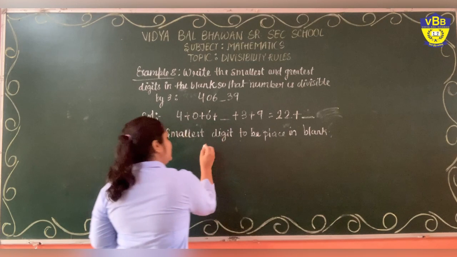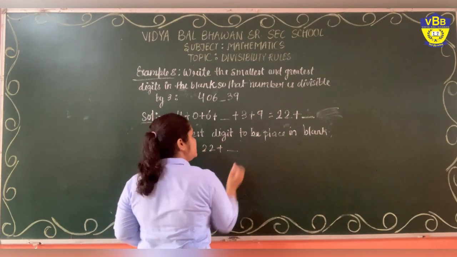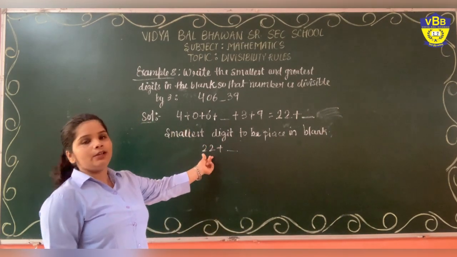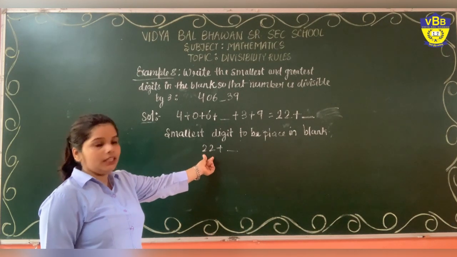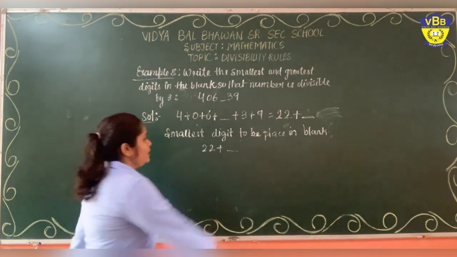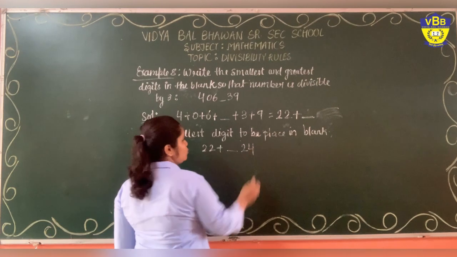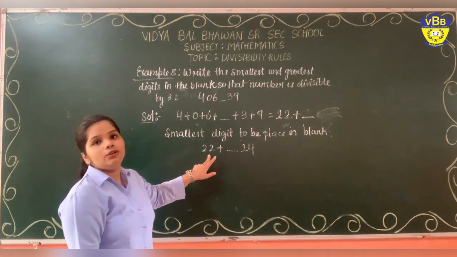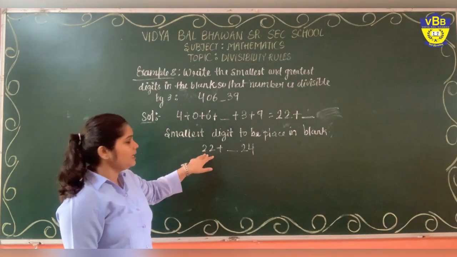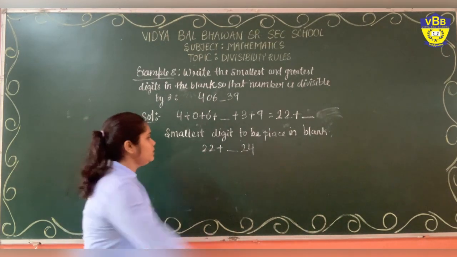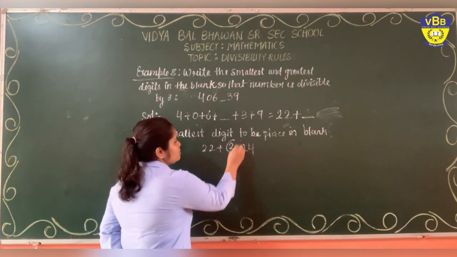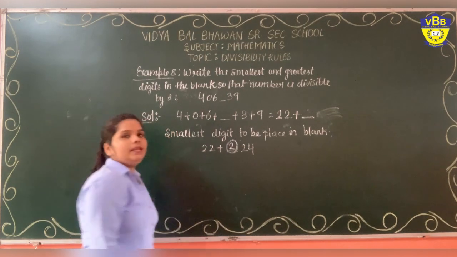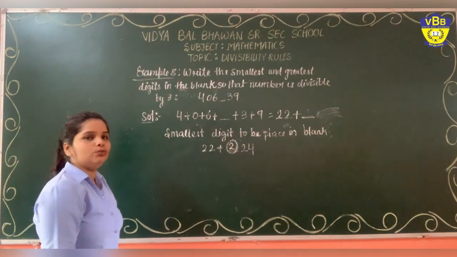What will it be? 22 plus dash, and after 22 the first multiple of 3 is 24, and what should be added here to make it 24? What should be added to 22 to make it 24? That is 2. So the smallest digit to be added is 2.